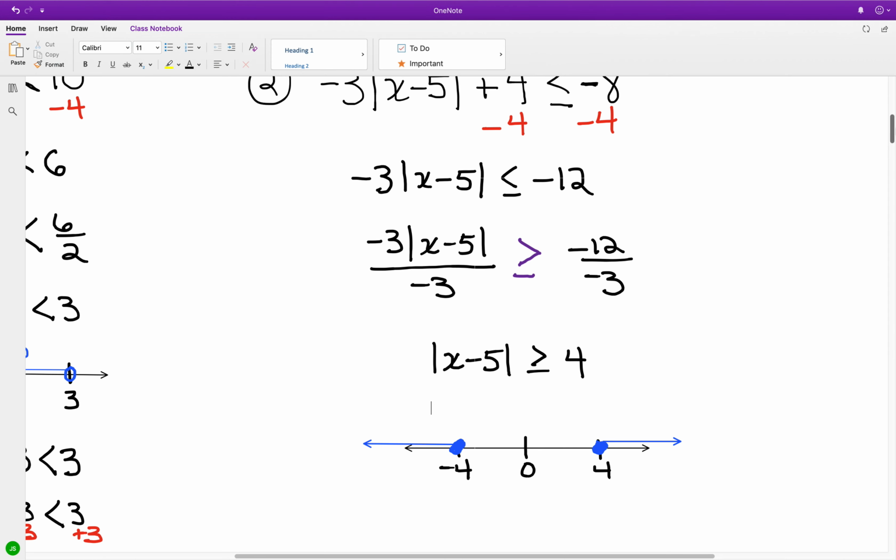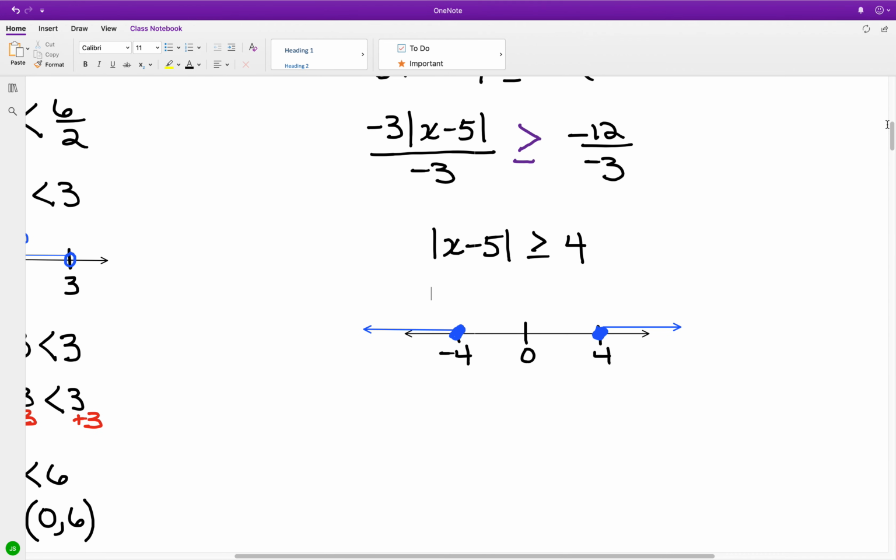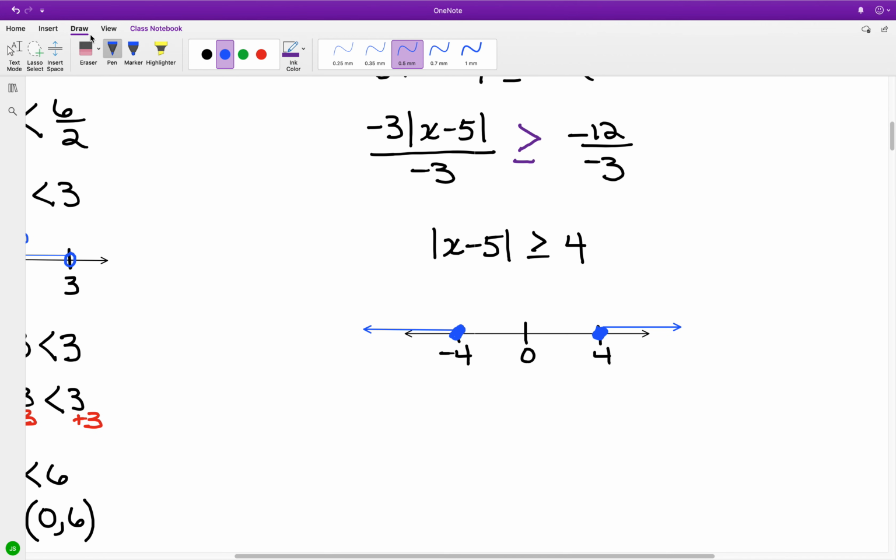And expressing what we have here in inequality terms, upon removal of the absolute value symbols, at the lower end, x minus 5 is going to be less than or equal to negative 4. And at the upper end, x minus 5 is greater than or equal to positive 4.